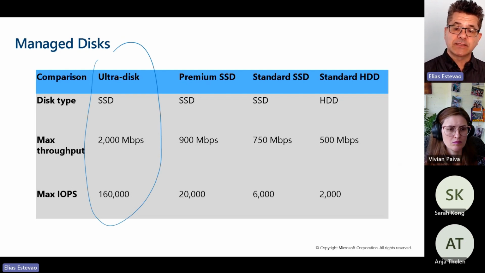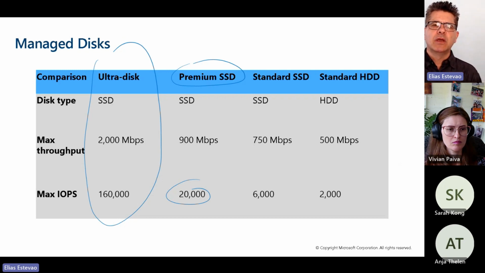Now, imagine this. A premium SSD is only 20,000 IOPS. If I have 5 of those, I get 5 times 20,000, 100,000 IOPS. I can get a single Ultra disk, and I can get almost 3 times the amount of IOPS on that single disk, right? Something to consider when you do that.